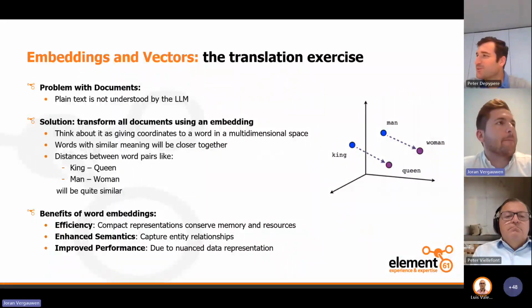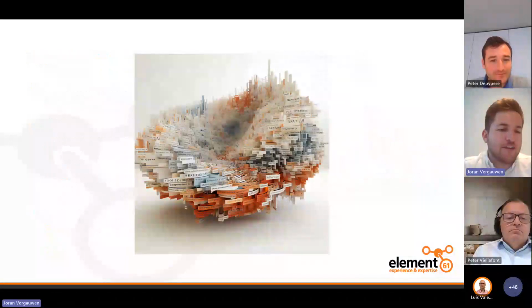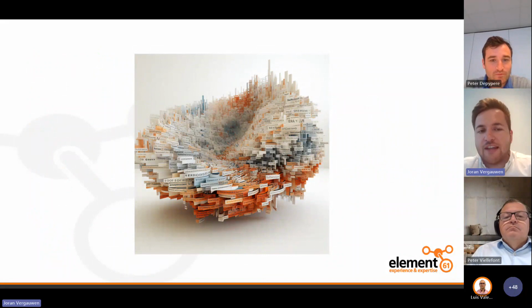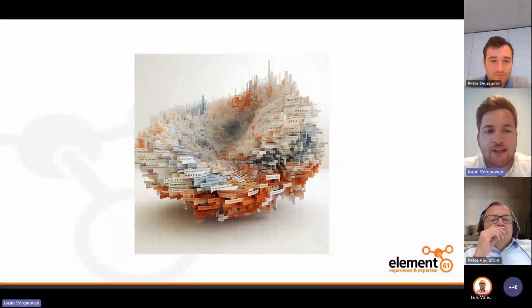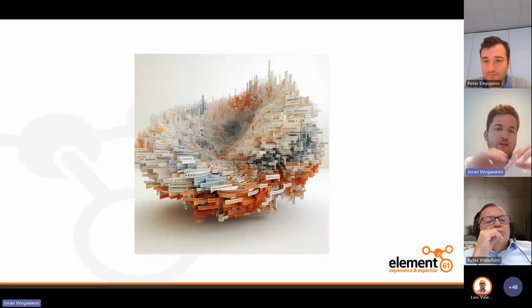So it's kind of the word clouds that we use. Exactly, and that's a very good point, because here I have something that actually looks a bit like a word cloud. This is how, once again in 3D, you could envision what such an embedding would look like. In reality it's going to be more dimensions, but here you have some sticky notes where on every sticky note we have a word.